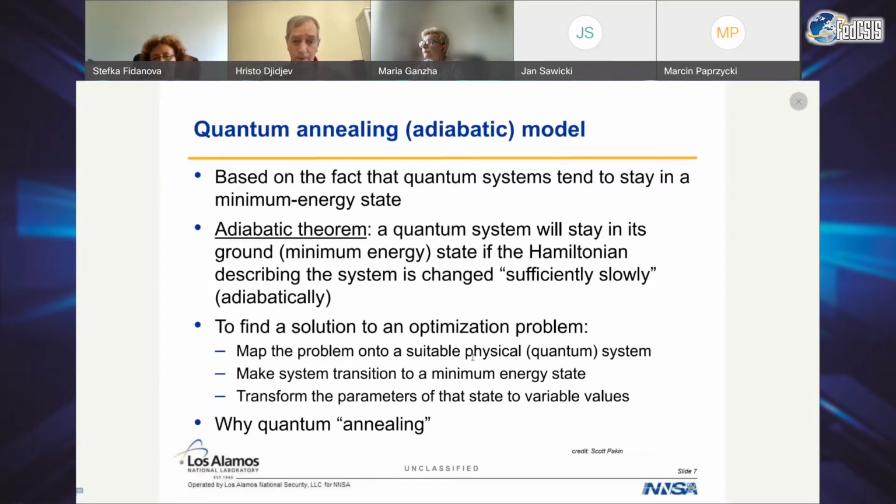Then we make the quantum system transition to a minimum energy state, and then we go backwards, from the quantum system to a mathematical one, and transform the parameters of the quantum system into values of the variables. This is called quantum annealing, and that is where the annealing term comes from. So let's go to the next slide.